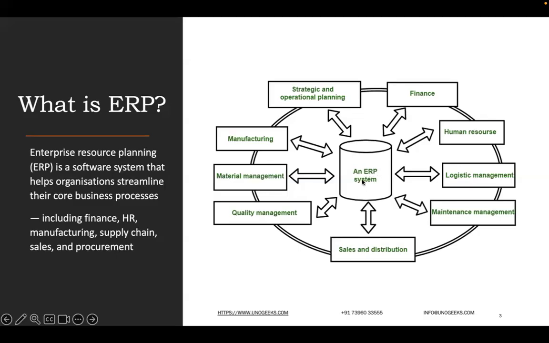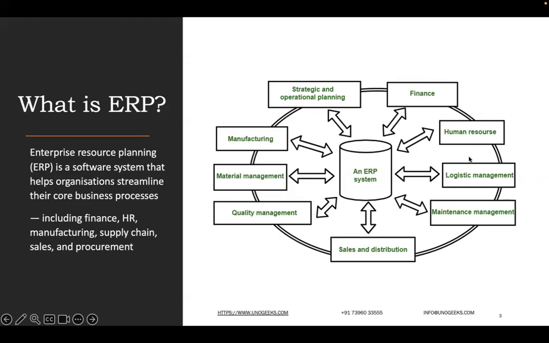An ERP system helps enterprises or organizations streamline their core business processes. Any enterprise, whether it's a manufacturing or a pharmaceutical firm, has a finance team, HR functions, and sales and marketing teams as well.